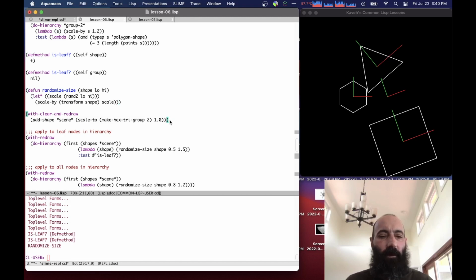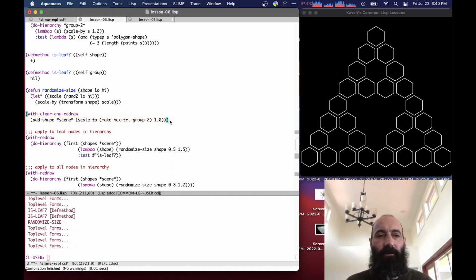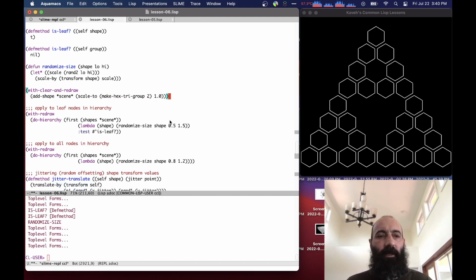So if we take one of our old friends here, the triangle group, and if we decide we're going to go through all the hierarchy. We're just going to grab the first object in the shapes of the scene because we know that's our root node. And we apply a function which randomizes the shape between 0.5 and 1.5 and has a test of is it a leaf.